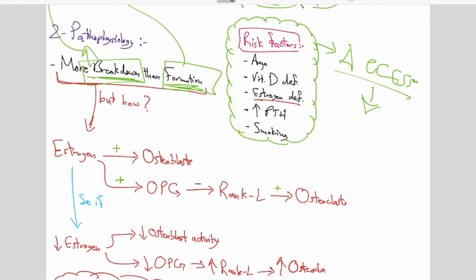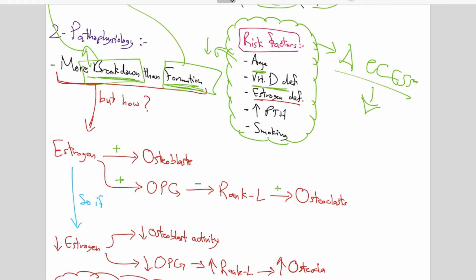Age, for example. When a person is younger, he has more bone formation because he's growing. As he grows older, the bone formation decreases. You don't need formation of bone anymore because khalas, you've grown up. Therefore, the breakdown takes over and osteoporosis occurs.